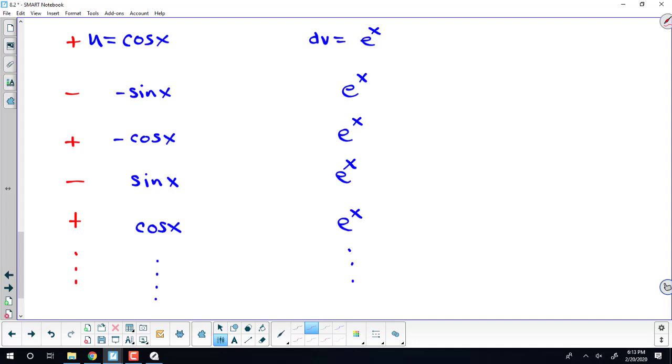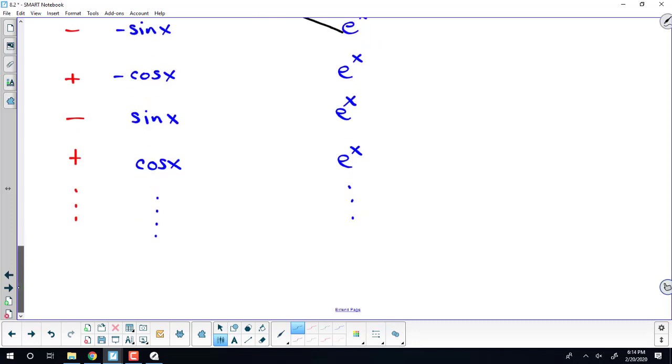And then we cross, cosine times e to the x. I have enough space here. Cross, we've got a negative sign times e to the x.